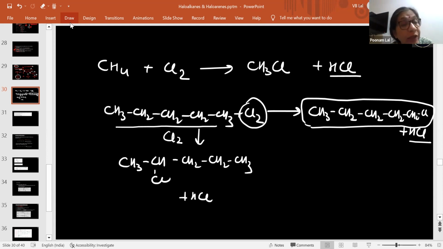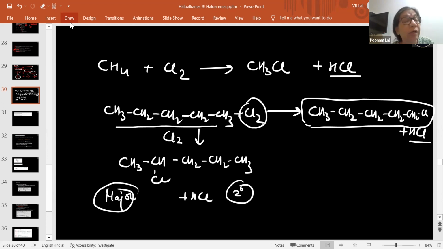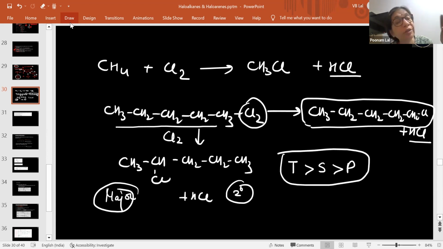Now, which will be the major product? The major product here would be 2-chloropentane. Why will this be the major product? Because when substitution happens, tertiary hydrogen is substituted fastest, then secondary, and the slowest is primary. All hydrogens will be eventually substituted, but which one will be substituted fastest?